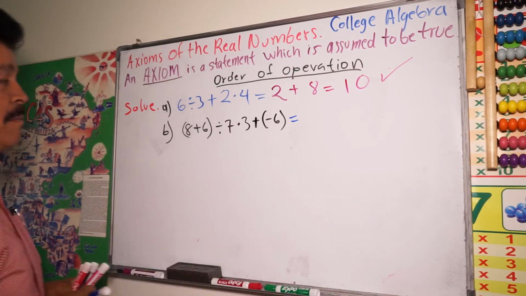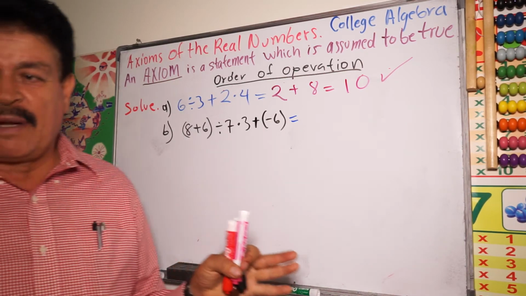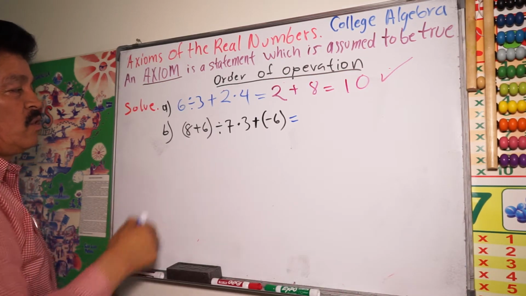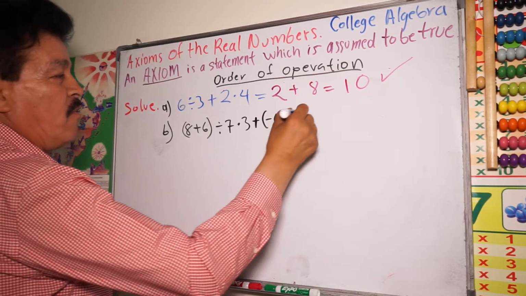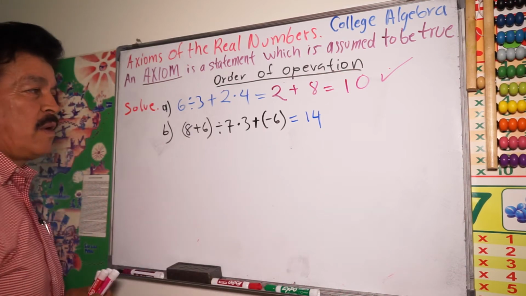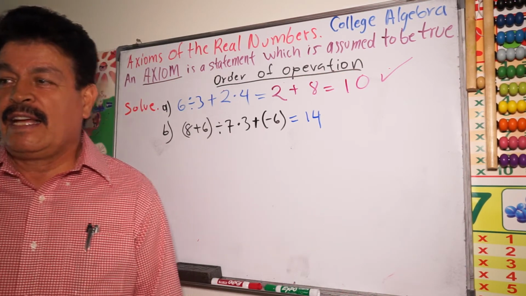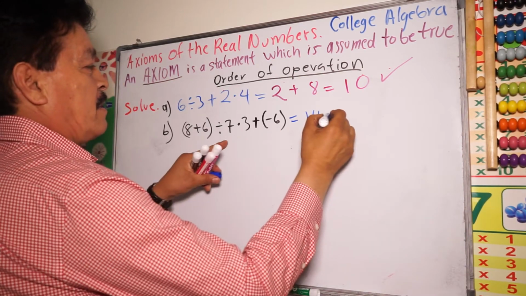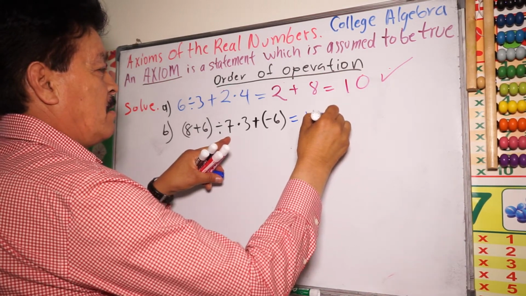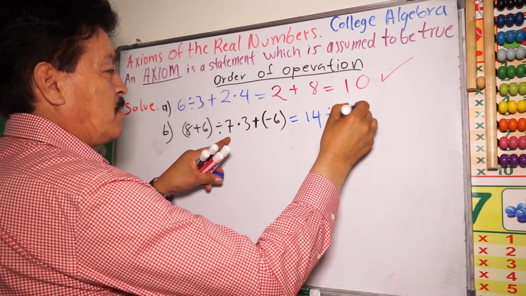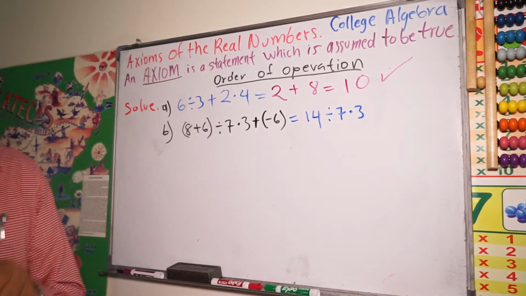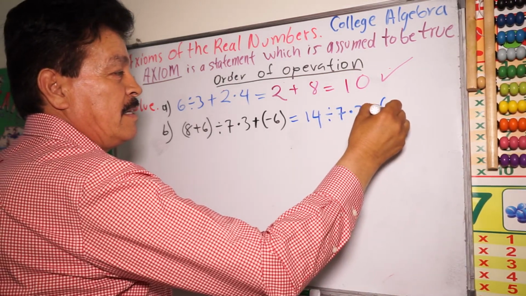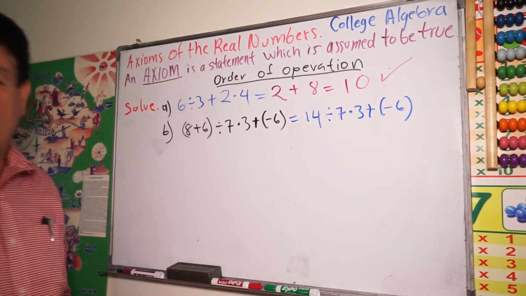First, I told you, parentheses, everything in the parentheses first. When you have these parentheses, 8 plus 6 is 14, okay? This is the first step. So 14 divided by 7 times 3 plus negative 6. So that's one step.